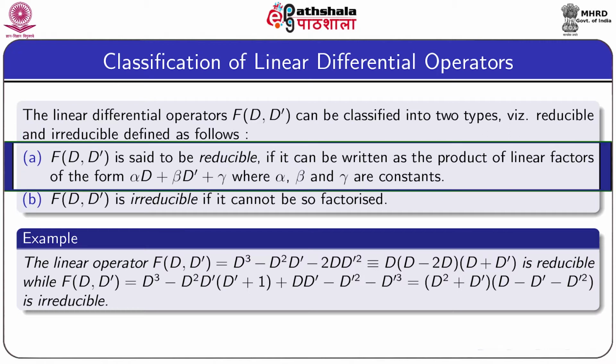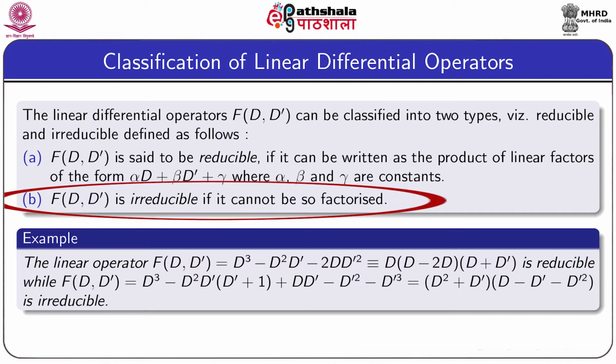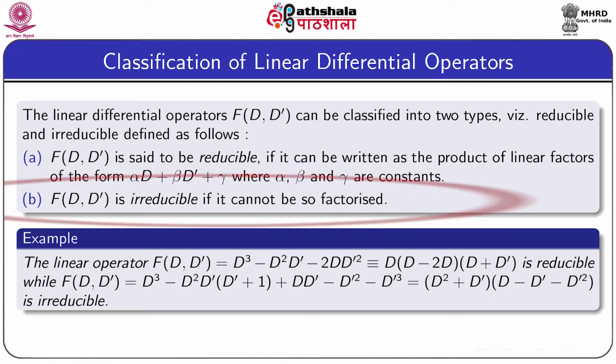The function F is said to be reducible if it can be written as a product of linear factors of the form alpha D plus beta D' plus gamma, where alpha, beta, gamma are constants. In case B, capital F is called irreducible if it cannot be factored into linear factors, as is done in class A.